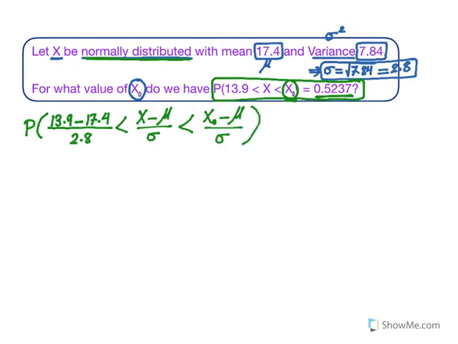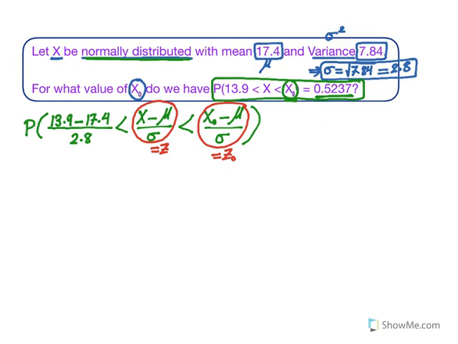So now let us give names to these. This one, x minus mu over sigma, we always call it z. And x0 minus mu over sigma, call it z0. So the question now is to find z0, and then from z0 you can find x0.